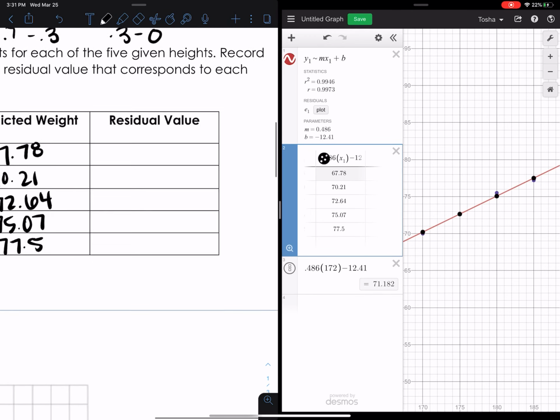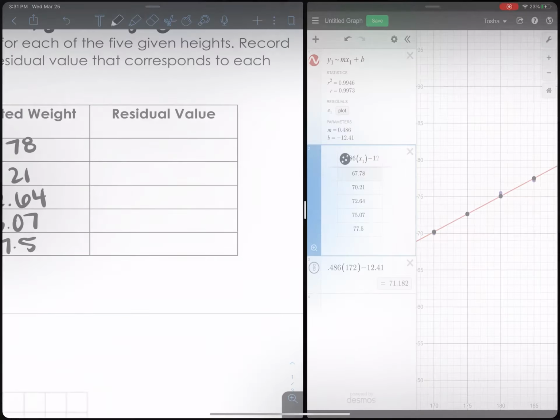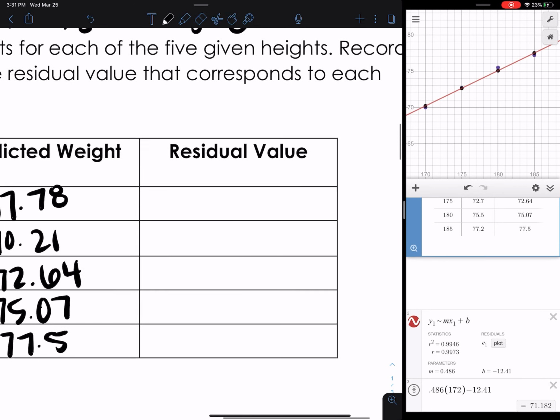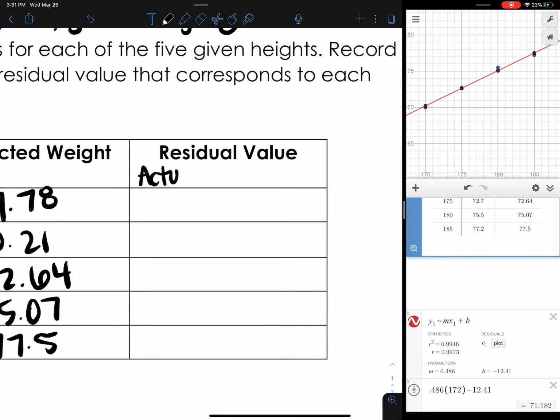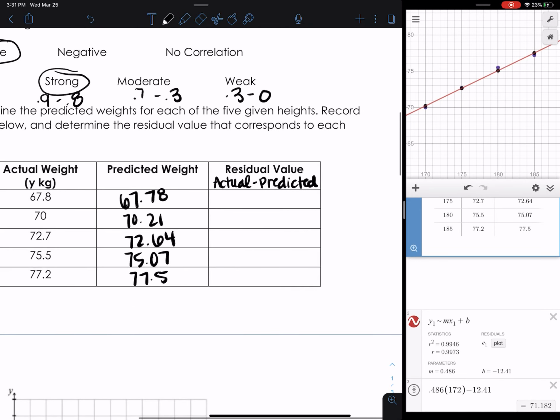Now, to find the residuals, I'm going to slide this over. We do the actual minus the predicted. So we do 67.8 minus 67.78, that would be 0.02. 70 minus 70.21, that's negative 0.21.